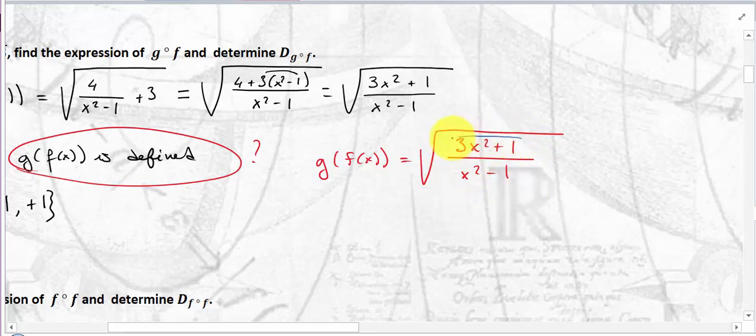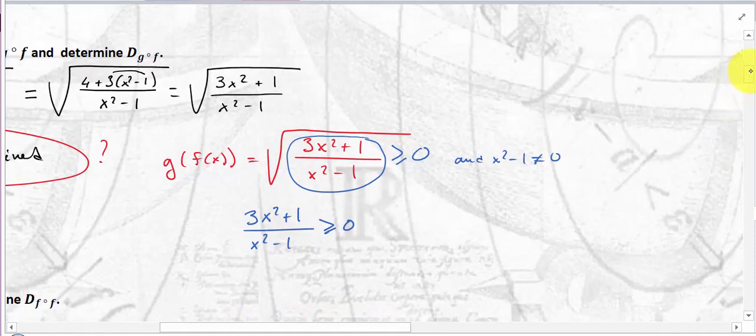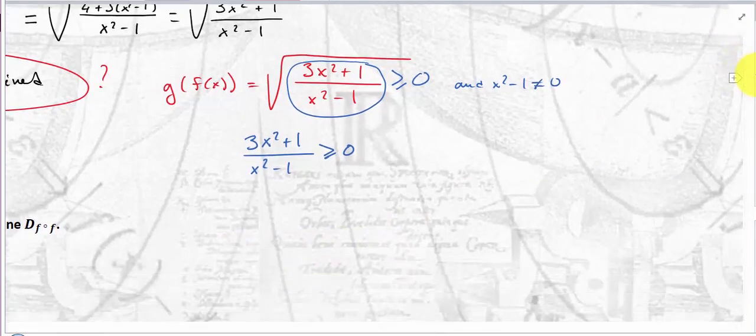When what's inside is positive or equal to 0 and x squared minus 1 is not 0. Now let's look at what's inside right here. So I'm looking at this inequality: 3x squared plus 1 over x squared minus 1 positive or equal to 0. This is actually pretty simple. It doesn't look like it maybe, but it's actually pretty simple to solve.